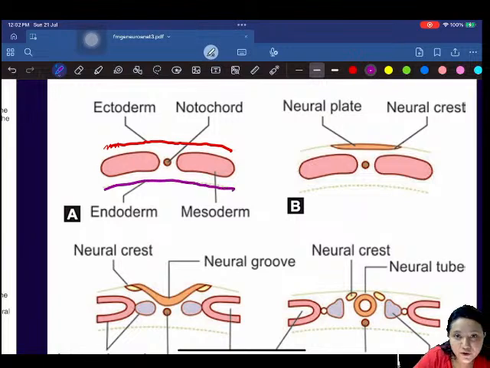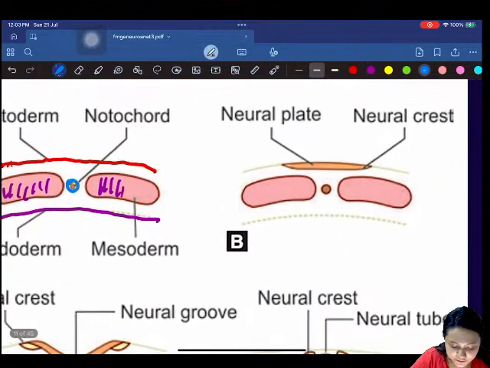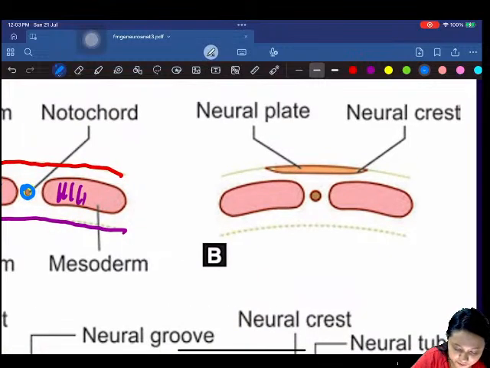All are arising from the epiblast, and then you have the mesoderm, and this is the notochord. Now you know that from the ectoderm, that is from the epiblast, you have the neural plate. So this is the neural plate formation when the notochord was formed. This is the neural plate.